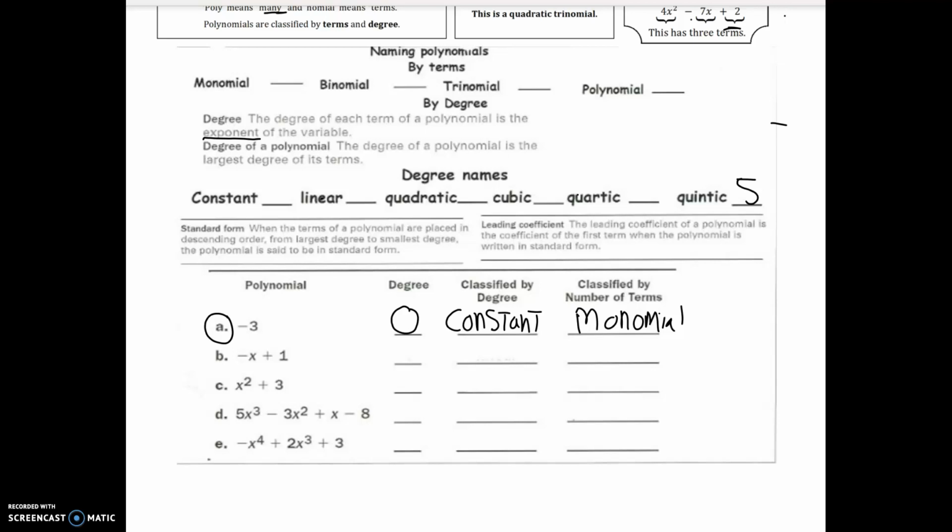The second one, we have an exponent. You'll notice there is no degree shown, but don't we assume that it's a 1 there, right? So we have a degree of 1, which would put that into the linear category. And remember, terms are separated by addition or subtraction, so we have 2 terms. So we are going to have a binomial.